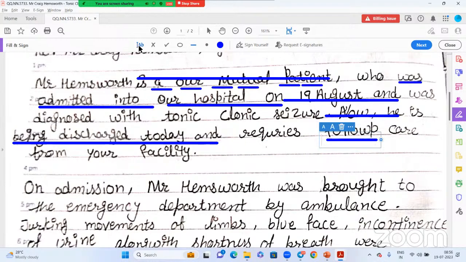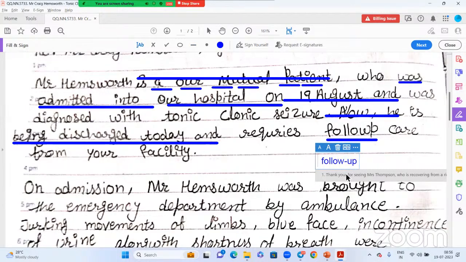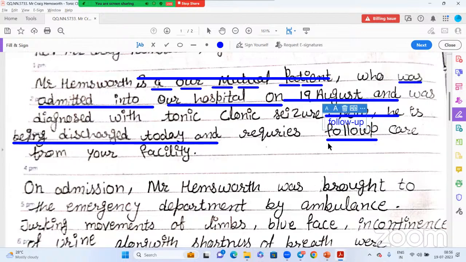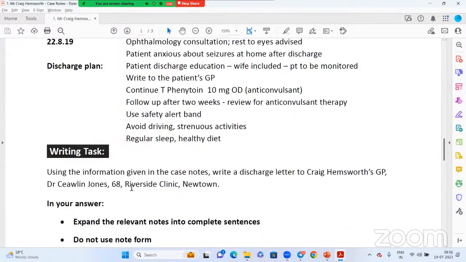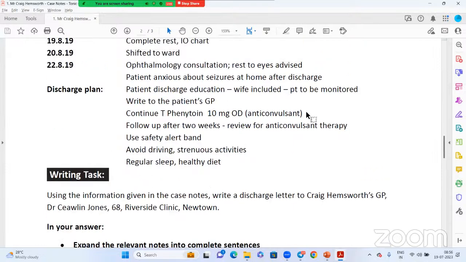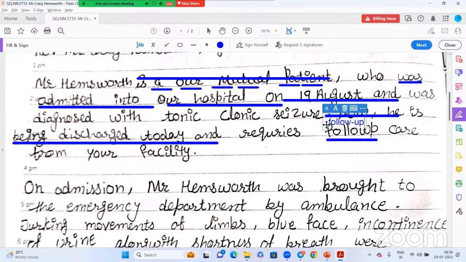What is the spelling of follow up? F-O-L-L-O-W-U-P, follow up, care from your facility. Let us see what is required here. Patient discharge education, patient to be monitored. So regular monitoring. Continue with this one. Follow up after 2 weeks. This is all management. Monitoring and management, requires regular monitoring and appropriate management, you can say.